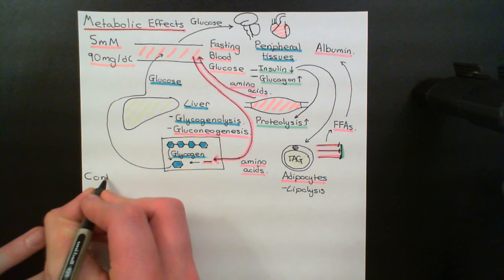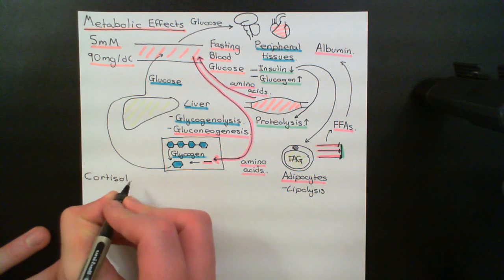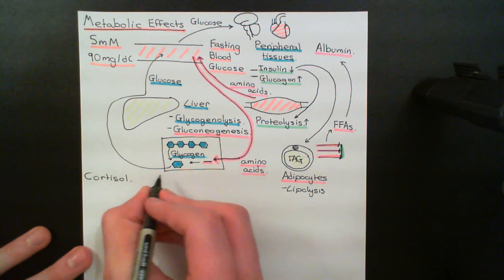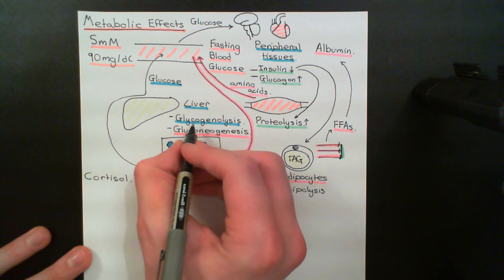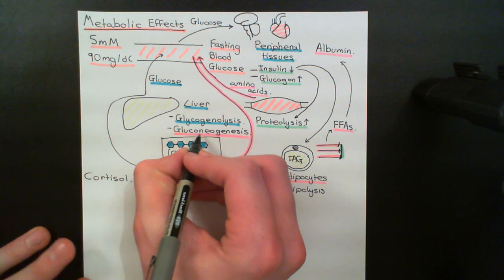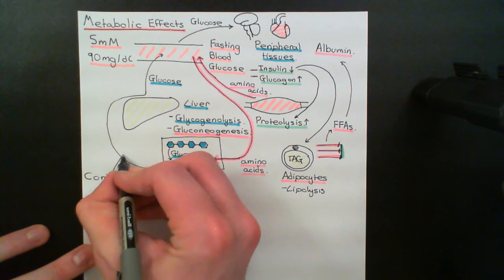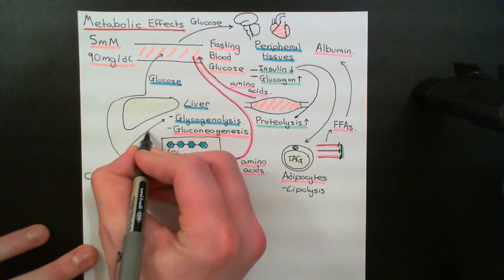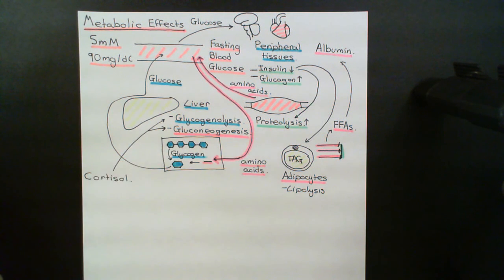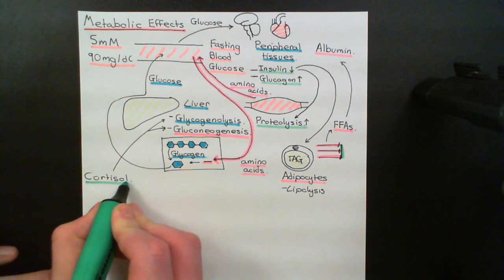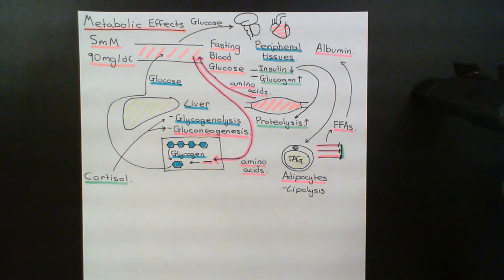Okay, so cortisol, what are its actions? So it's going to go into the hepatocytes and it's going to increase glycogenesis and increase gluconeogenesis. So cortisol is going to encourage these two, and therefore overall that means that now the hepatocytes are going to be releasing more glucose into the bloodstream. Now what does that mean?